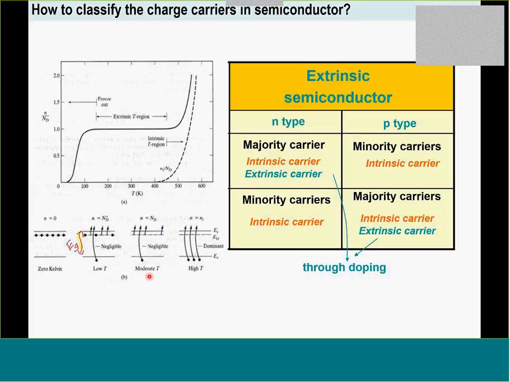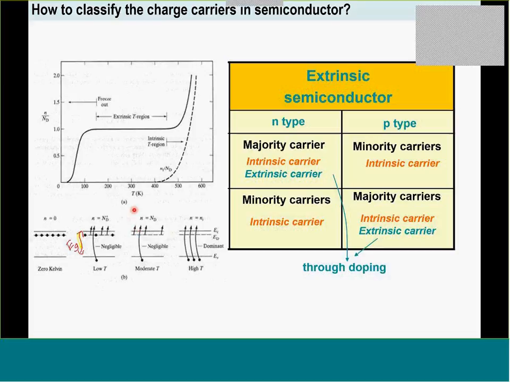But when we look at moderate temperature, we can see more electrons. Of course, the ones in the donor level have jumped into the conduction band, and also some of the electrons in the valence band have enough energy to jump through the E gap.